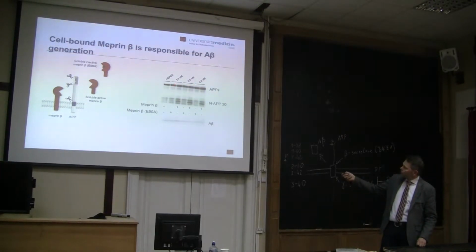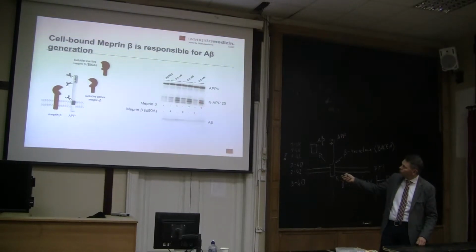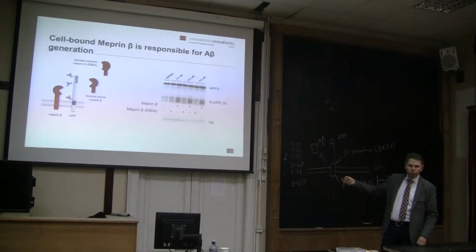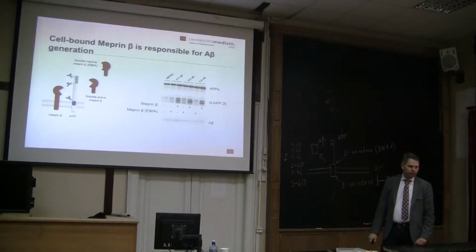When we add soluble meprin in different concentrations, we have no big influence on soluble APPs, but we have an influence on our N-terminal fragments, which I've introduced to you before. But the inactive meprin has no effect on these. And the soluble form has really no big influence on Aβ generation.